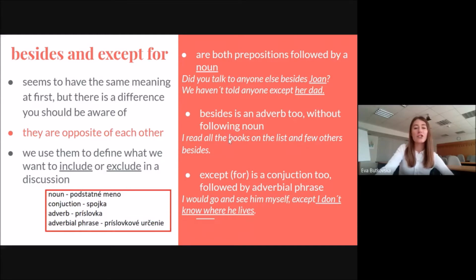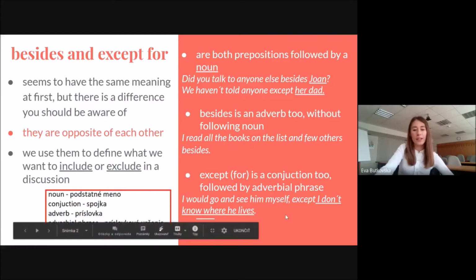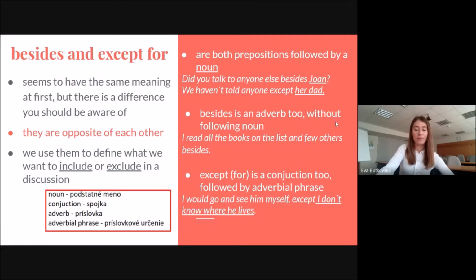Check the translation of a conjunction. And the example is, I would go and see him myself, except I don't know where he lives. We will go through the structure again. I want you to just see that you can find besides and except for in the beginning, or in the middle, or even at the end of the sentence.